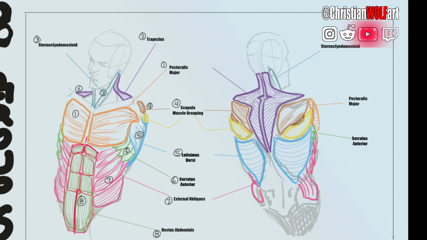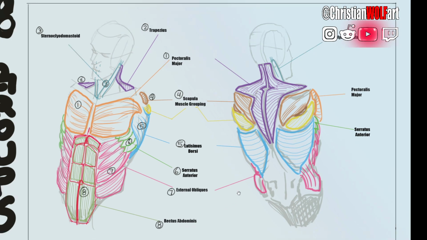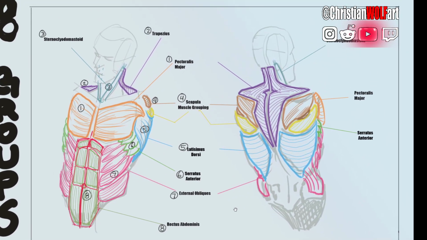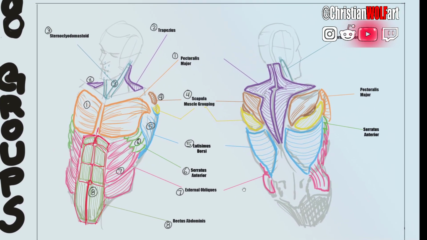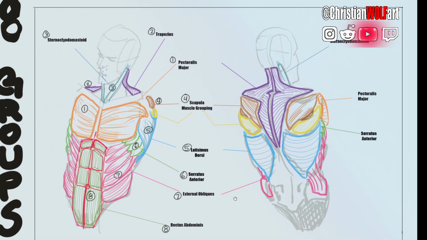Okay, so there's the 8 muscle groups. You see how they all work in accordance with each other. You can see these anywhere, Google search, anatomy books. This is the basics, but if you can break these muscles down into some simple shapes and learn to think about how they form over the musculature of the human anatomy, how they all interlace together.